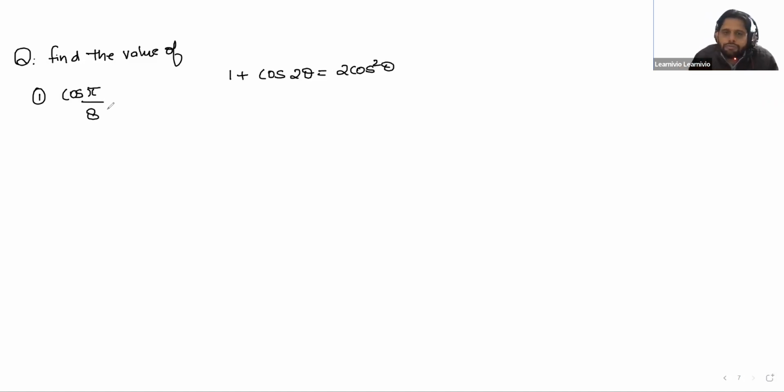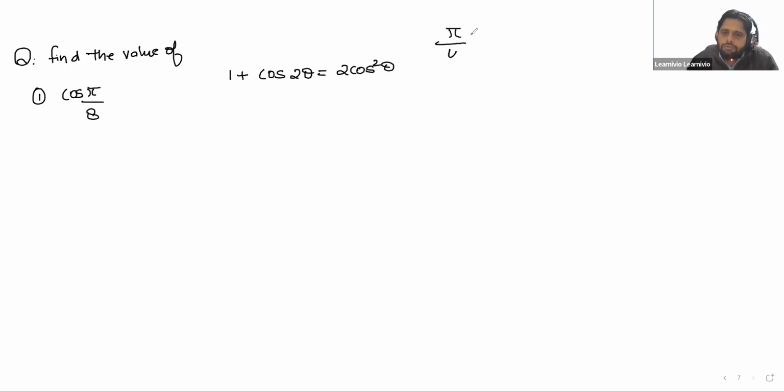What is pi by 4? There are some standard angles which you need to learn, because every time for the standard angles you will not waste time converting them. So can you tell me what is pi by 4?